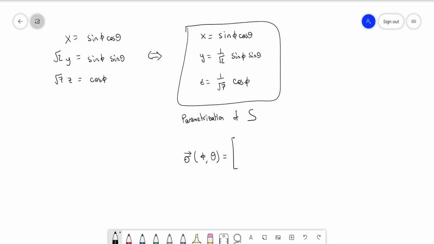So this would be the x component of my parameterization. I would use this for the y component, and this would give me the z component. And as noted earlier, I'd want theta to go from 0 to 2 pi, and I'd want phi to go from 0 to pi altogether if I want the entire ellipsoid.